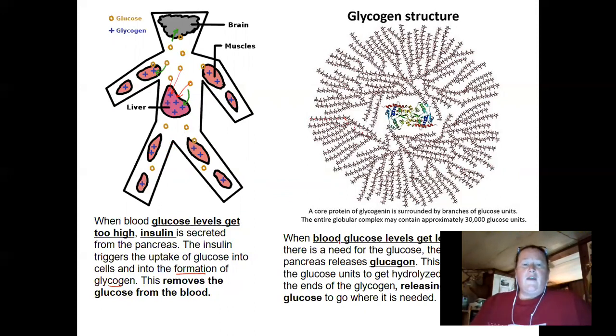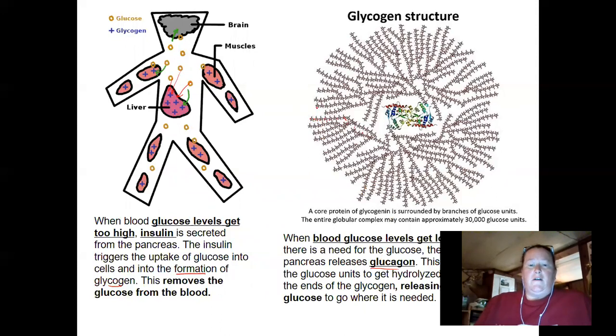Now, when our blood glucose levels get low, or when we are in demand for that energy, the pancreas releases glucagon, and this triggers the breakdown of our glycogen.